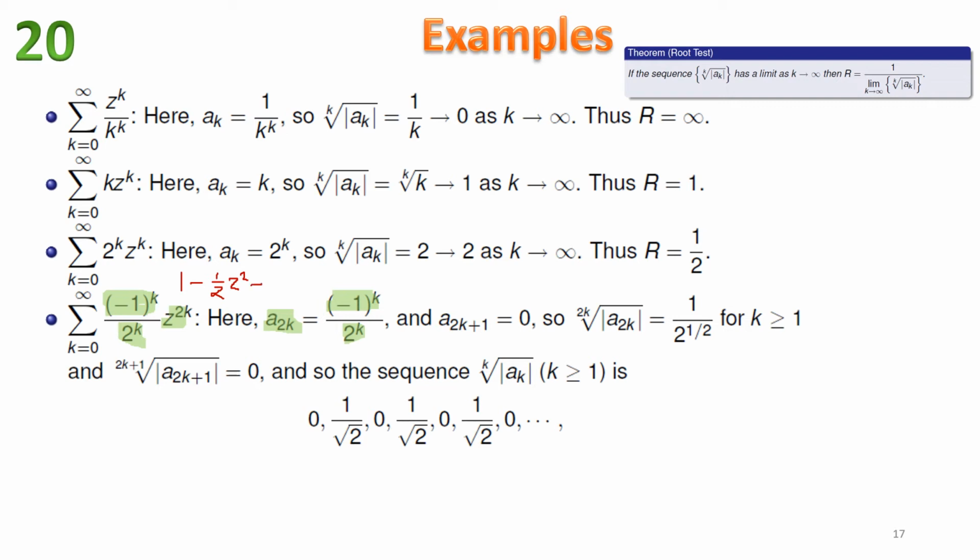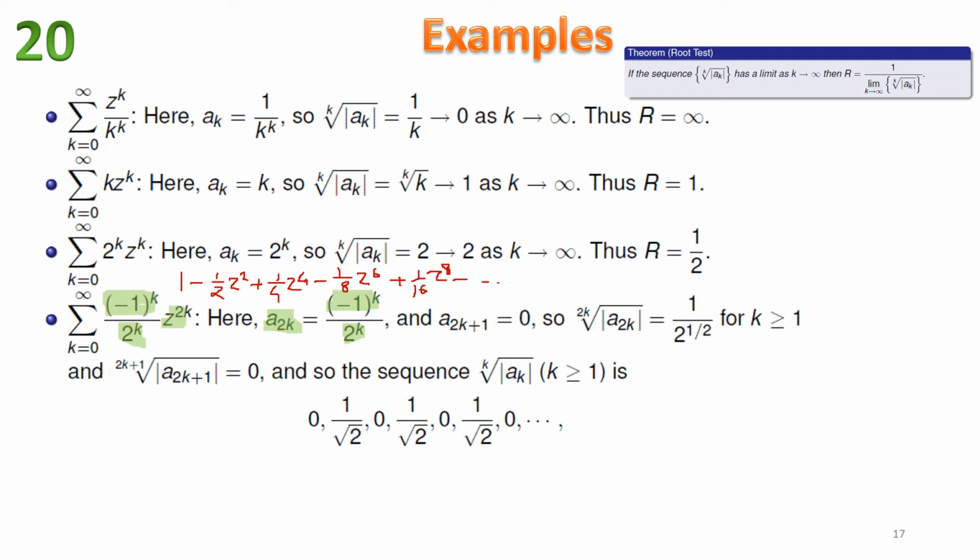So the next term will be plus 1 by 4 z to the power 4, minus 1 over 8 z to the power 6, plus 1 over 16 z to the power 8, and so on. So you can go on expanding the number of terms.